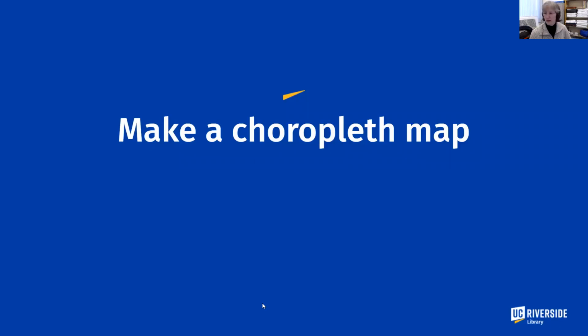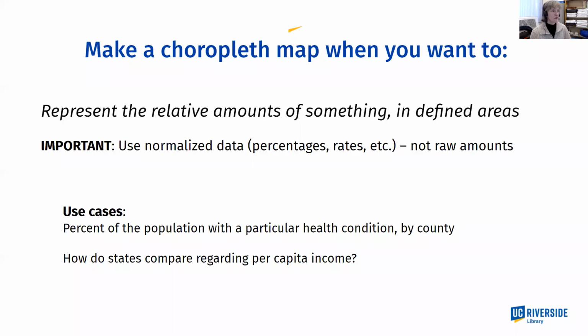So now we'll look at making a choropleth map. You make a choropleth map when you want to represent the relative amounts of something in defined areas. It's important, and I'm going to say it again on the next slide too, you would want to use normalized data, not raw amounts.